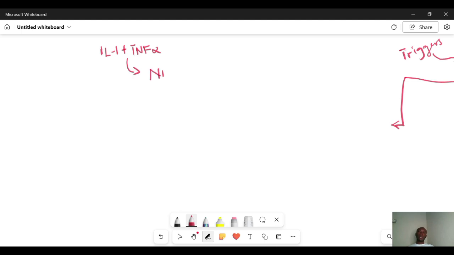nuclear factor kappa B from its inhibitor. Before now, nuclear factor kappa B remains bound to its inhibitor, and this binding renders it inactive.